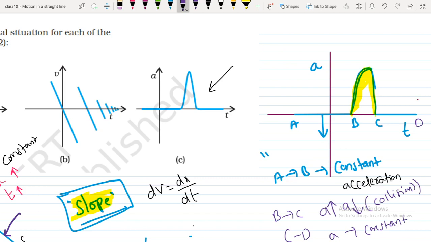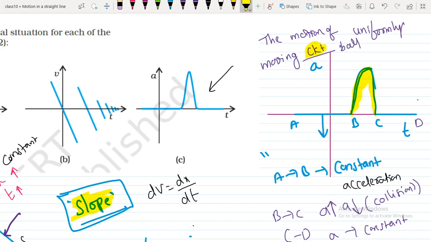This is one of the situations. Suppose a cricket ball: the motion of a uniformly moving cricket ball turning back by hitting with the bat.